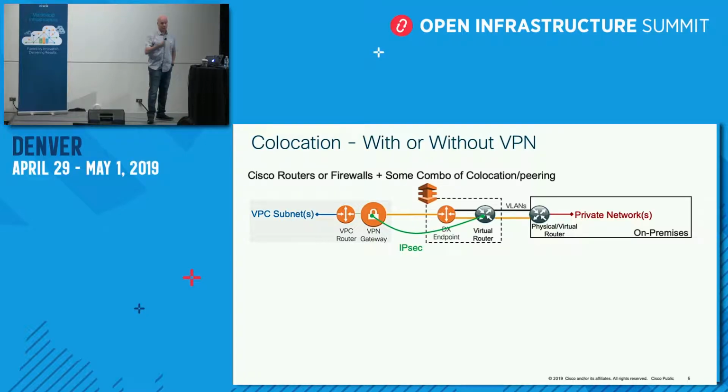Another way of doing this, and Equinix was up here talking a couple of talks ago, is you can utilize Direct Connect, ExpressRoute, Interconnect, one of those types of features or services from a public cloud provider, and basically bring your connections from your on-premises environment directly into a colo facility like Equinix.